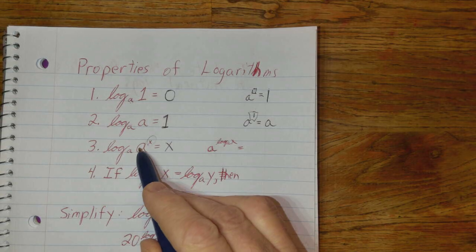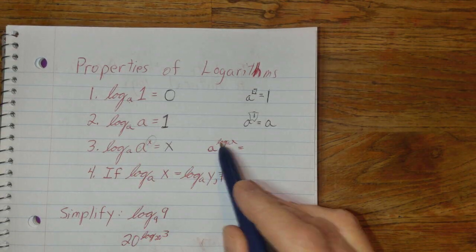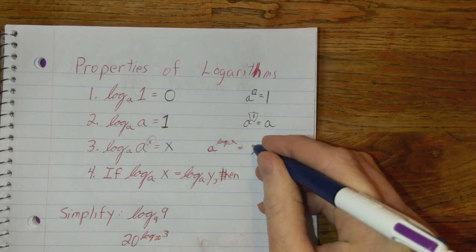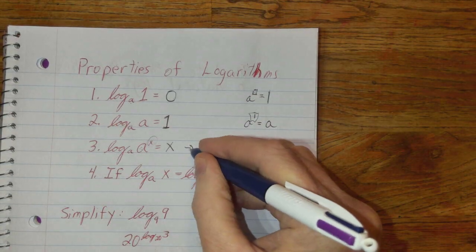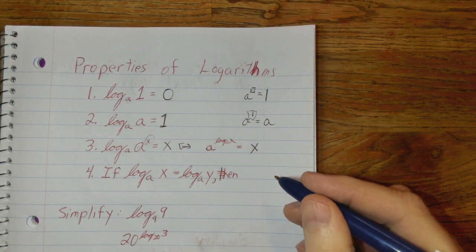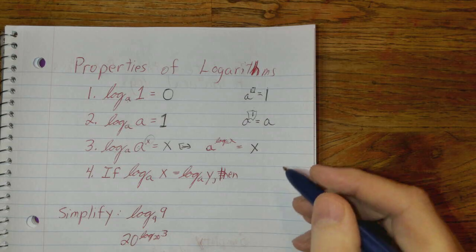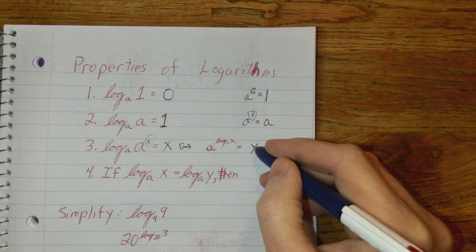Log base a and a to the power are inverse functions. So a to the power of log base a of x, those are inverse functions as well. That would equal x as well. So these are equivalent statements in a different way. Let me look at that. What would that be as an exponential?